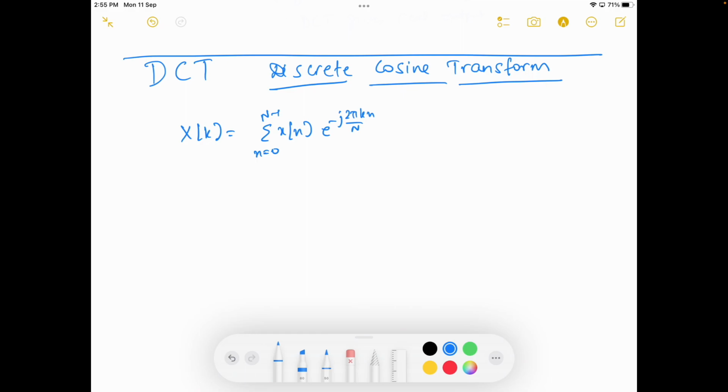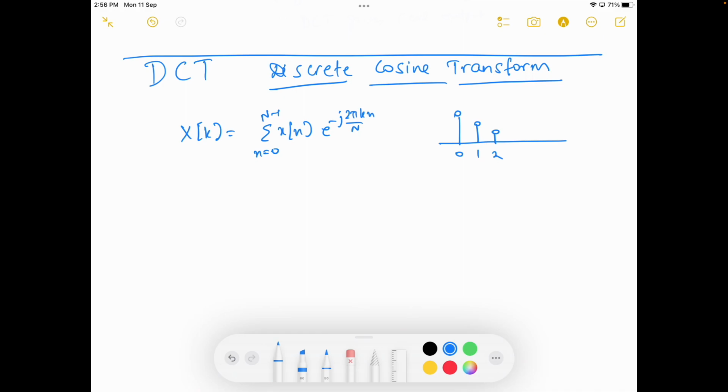Right? So if I say my Xk is real, when will that happen? For any xn, a finite signal of length, let's say length 3: 0, 1, 2.